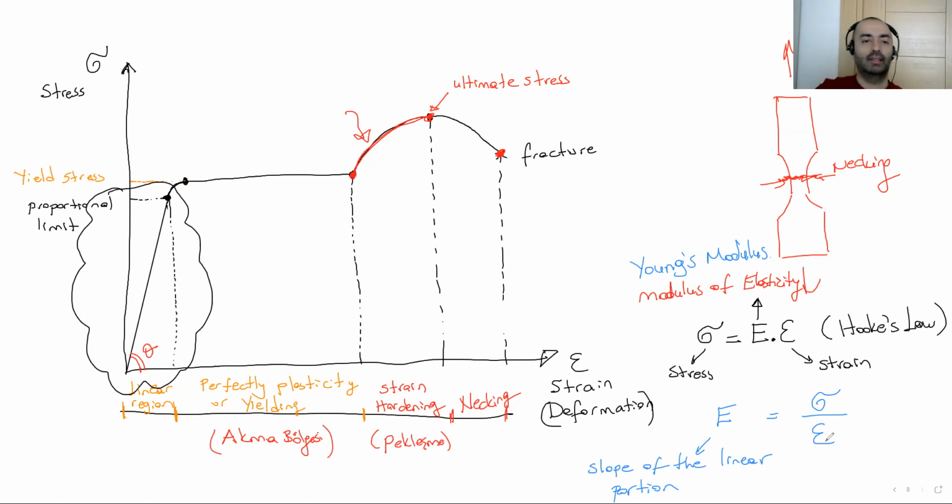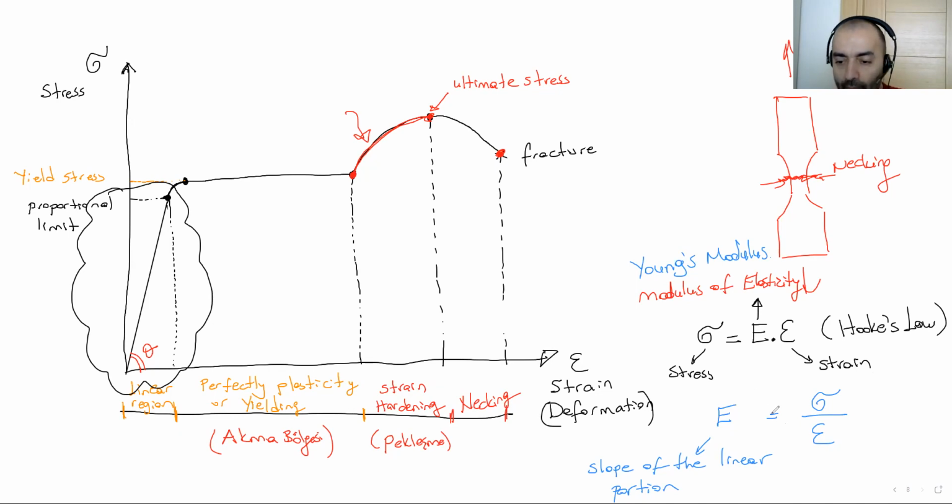So it's a material constant. It defines the material actually. Steel has a modulus of elasticity number. It is a constant value for all types of steel. Okay, so it's a typical material property.